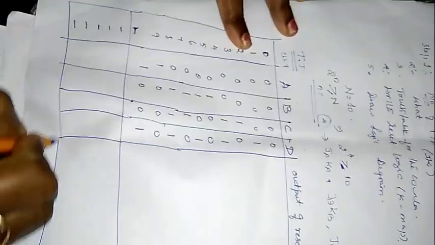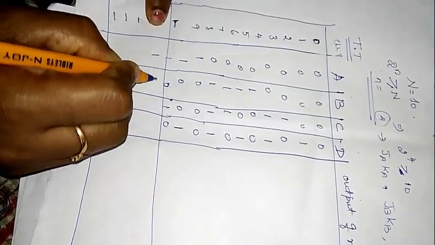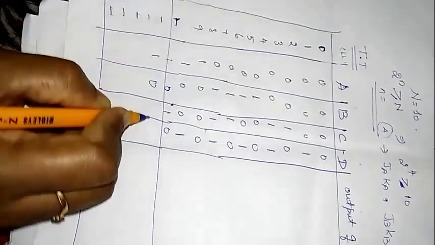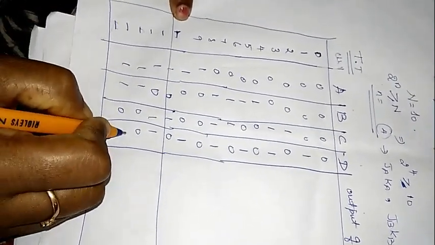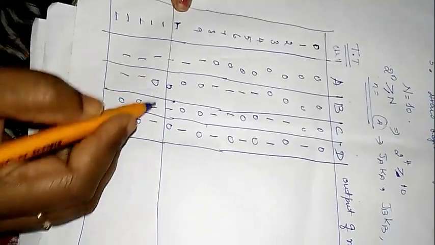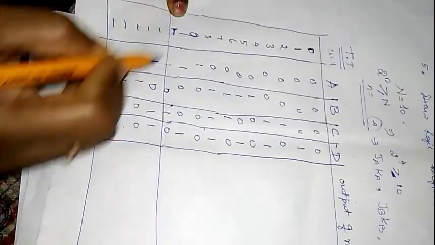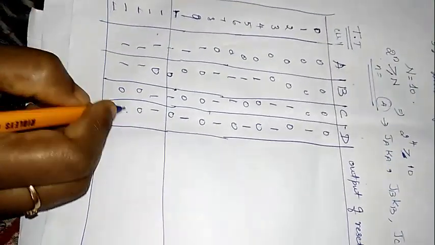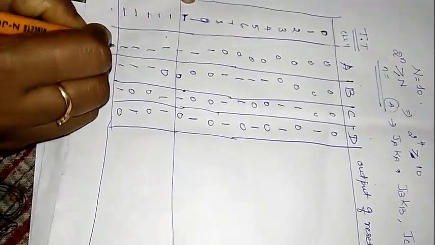Those are your invalid states, but you can very well mention their combinations: 1 0 1 0, 1 0 1 1, 1 1 0 0, 1 1 0 1, and so on. Here 10 is 1 0 1 0, then 11, 12, 13, 14, and the last one is 15.